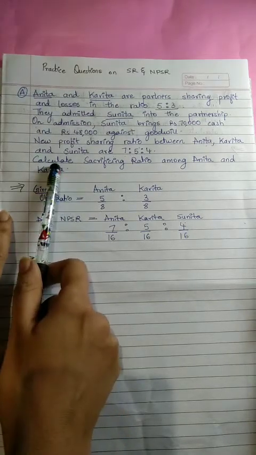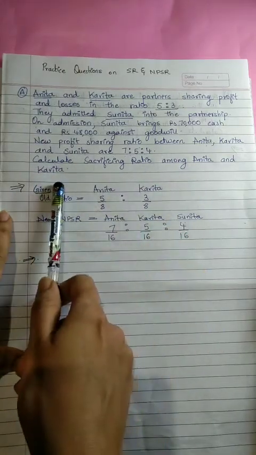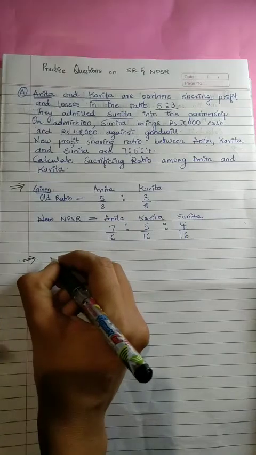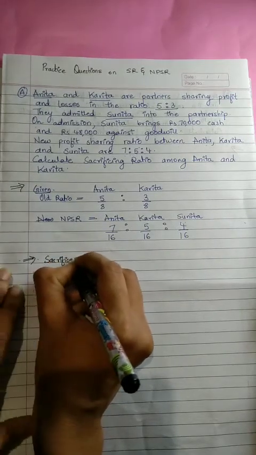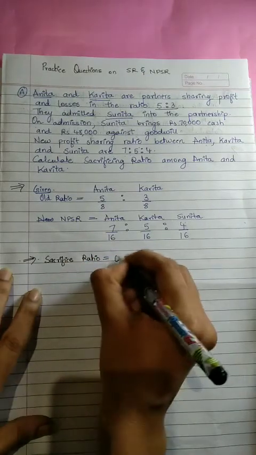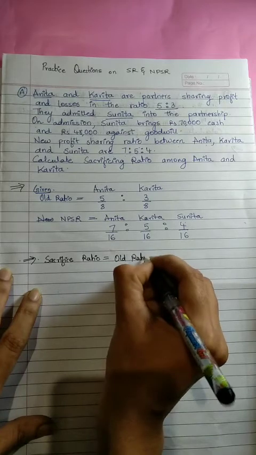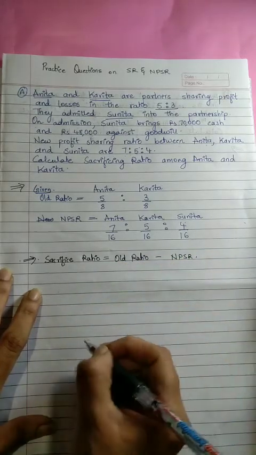What they have asked us to calculate is the sacrifice ratio among Anita and Kavita. Okay, so sacrifice ratio is equal to old ratio minus new profit sharing ratio.